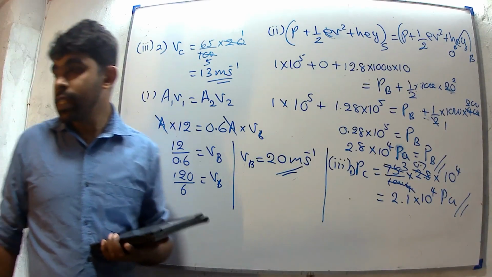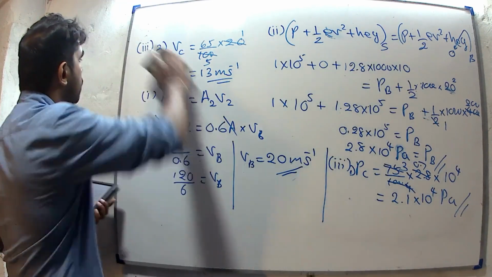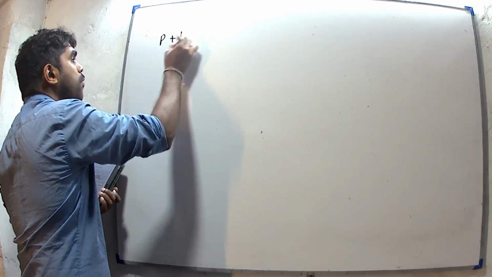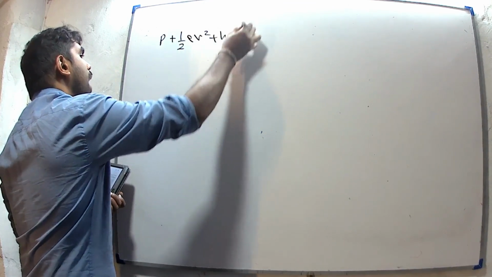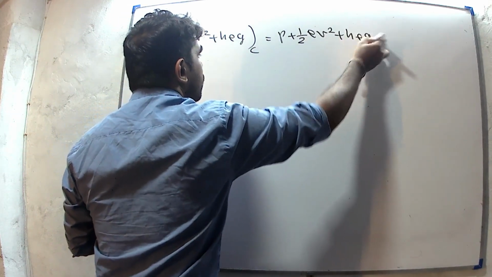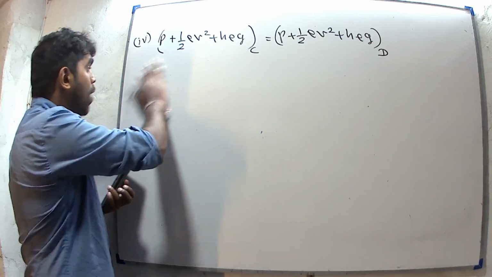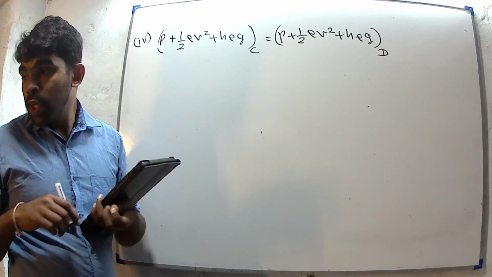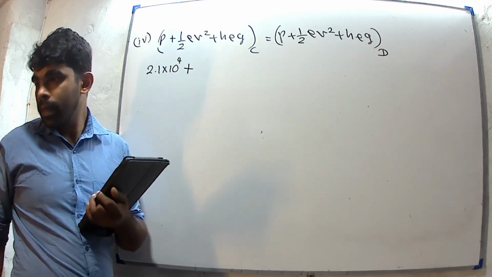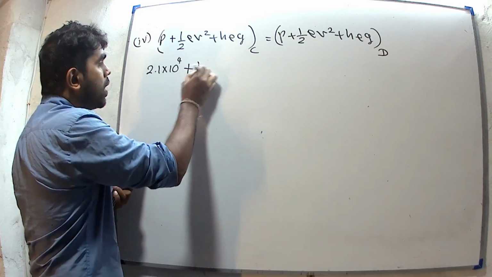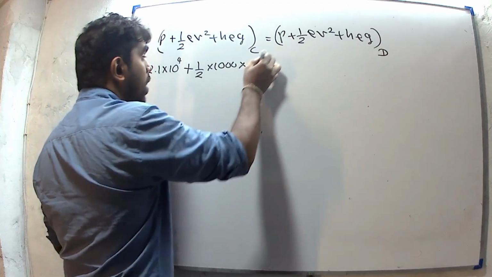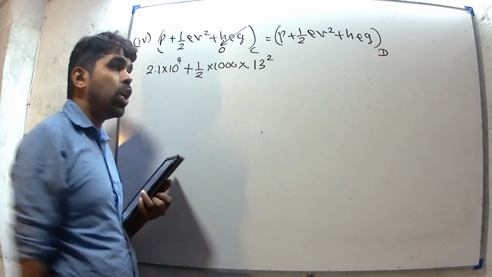Now we have to use Bernoulli's equation between point C and D. P plus half rho v squared plus h rho g at point C equals P plus half rho v squared plus h rho g at point D. Pressure at point C we have found in previous calculation, 2.1 into 10 to the power 4, plus half density 1000, velocity at point C found as 13 squared. This value is 0 because it is at the lower level.